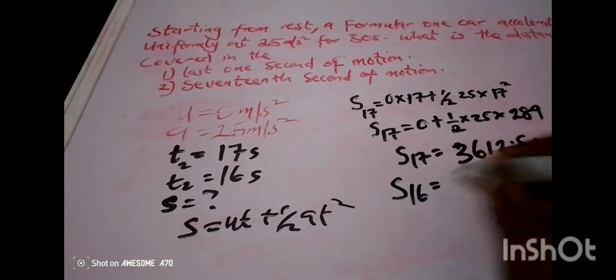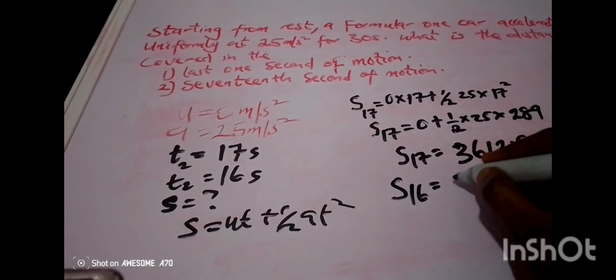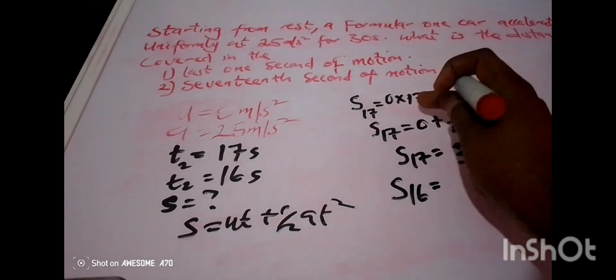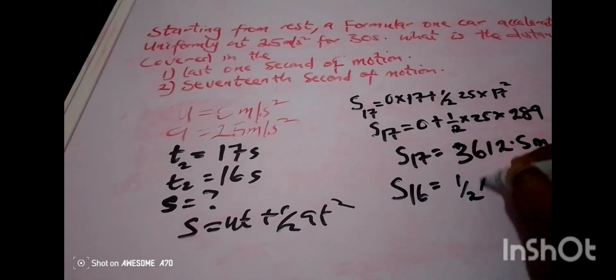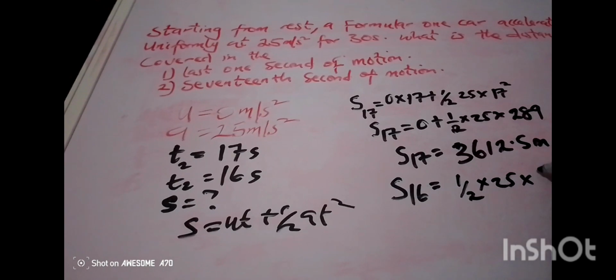S16 is now going to be 0 times 16, which gives 0. So we are going to have a half multiplied by 25 times 16 squared. 16 squared is going to give me 256.